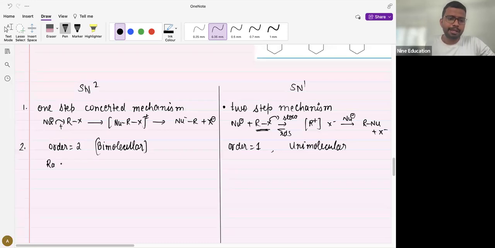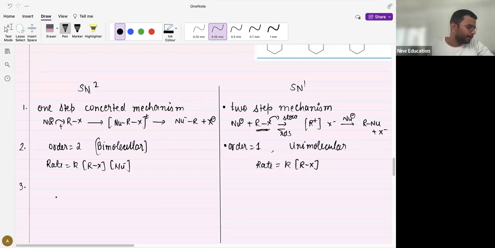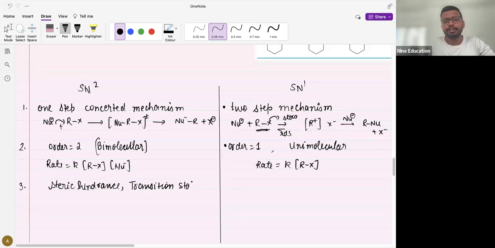Write this down properly. For SN2, rate equals k times RX times nucleophile concentration. Here for SN1, rate equals k times only the RX. Third thing: in the SN2 reaction you have to see steric hindrance, and a transition state is formed.